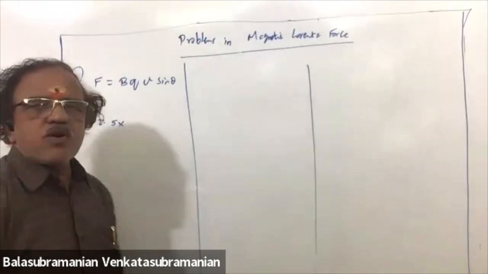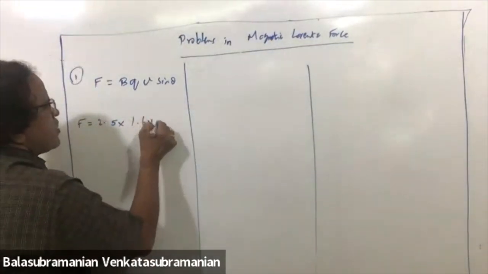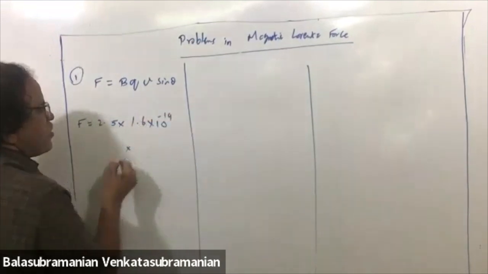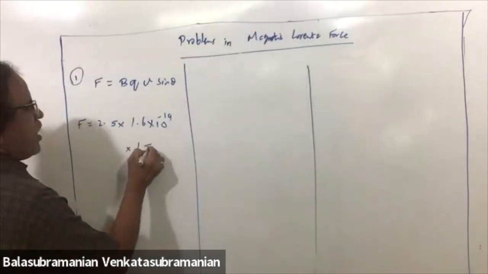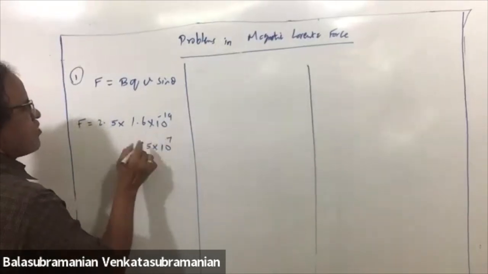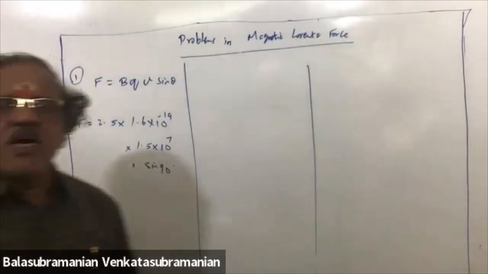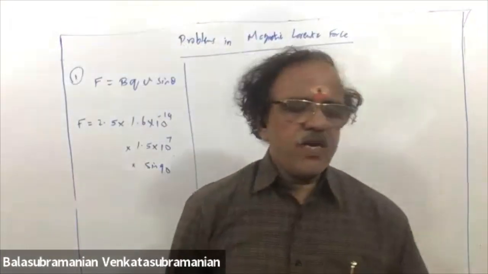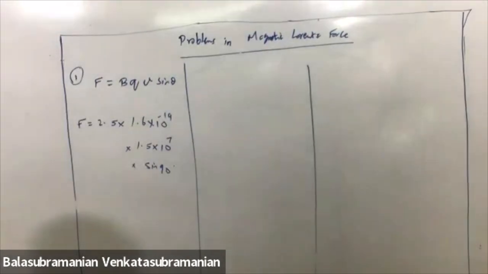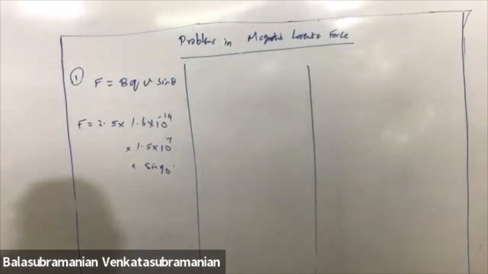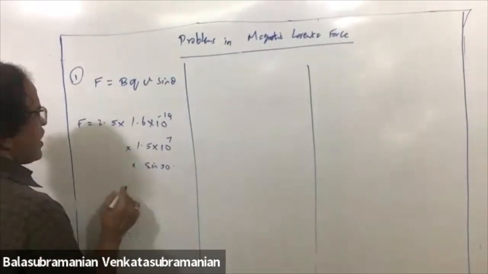Proton, the charge of a proton and the charge of an electron are both the same, 1.6 into 10 power minus 19. Moving with a velocity of 1.5 into 10 power 7 meter per second. Moving perpendicular? No, perpendicular is not given. It is moving at an angle of 30 degrees with respect to the magnetic field.